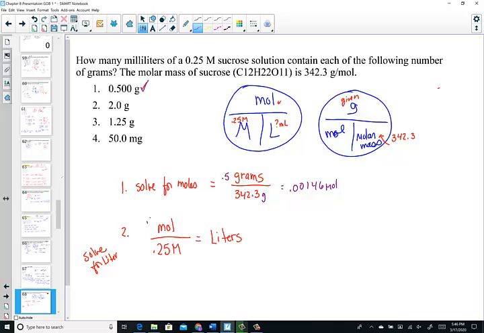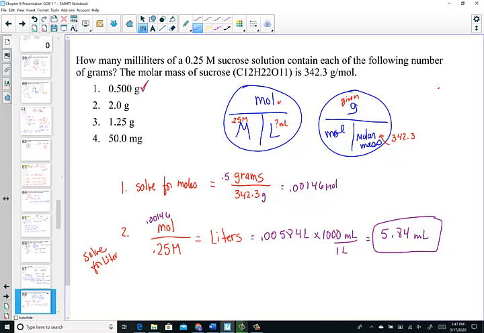Of course that gets brought down here. 0.00146 divided by 0.25 gives me 0.00584 liters. I'm just going to slide the decimal by multiplying by 1,000, and we get 5.84 milliliters.